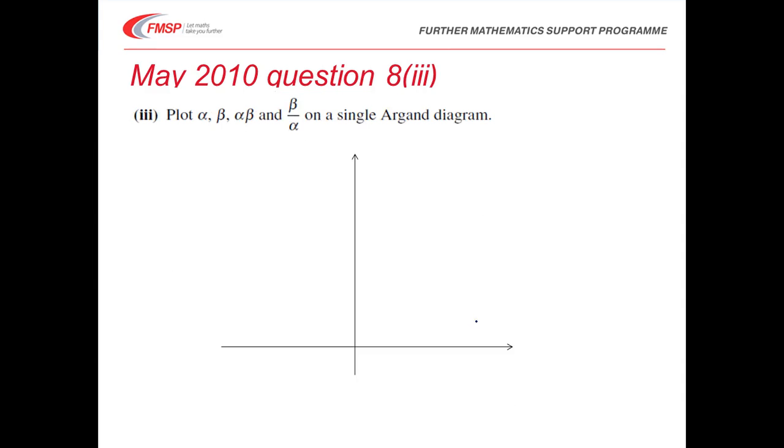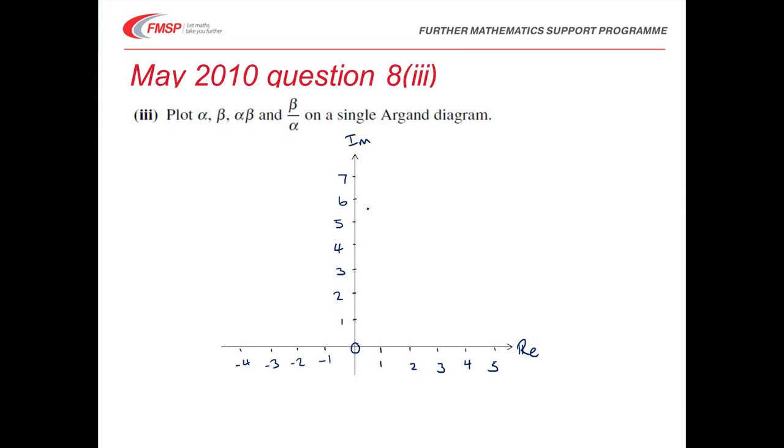Finally, plotting these on an Argand diagram, we'll need to draw a scale in one, labelling this as the real axis, and the vertical axis as the imaginary one.